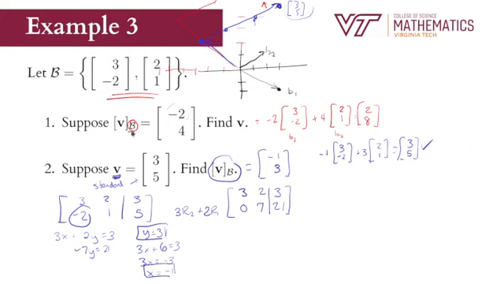When we started with alternate coordinates and we had to find the standard coordinates, we multiplied out a linear combination. We applied the alternate coordinates as weights in a linear combination and then just multiplied out the linear combination.